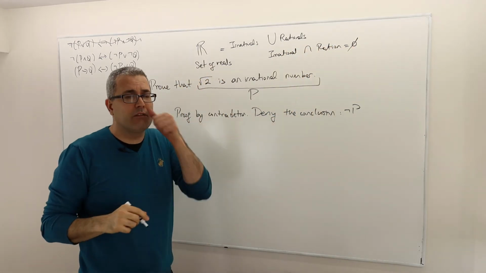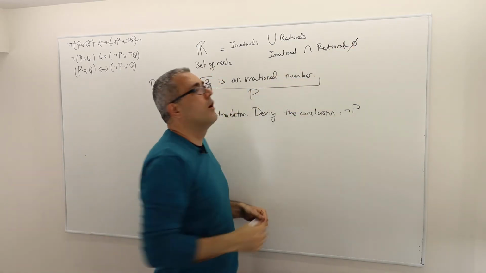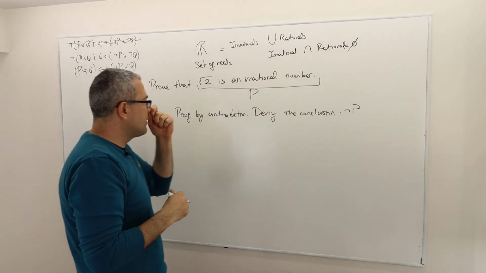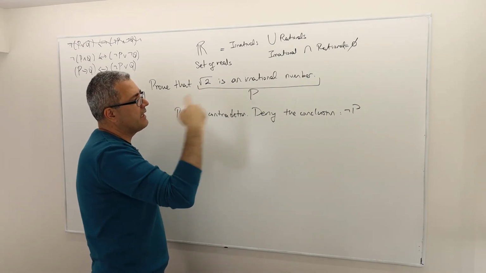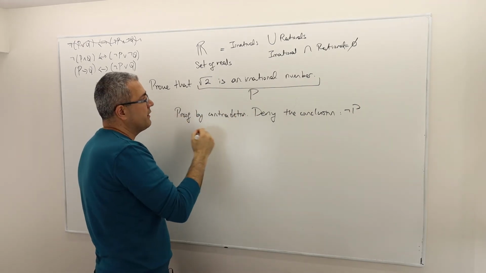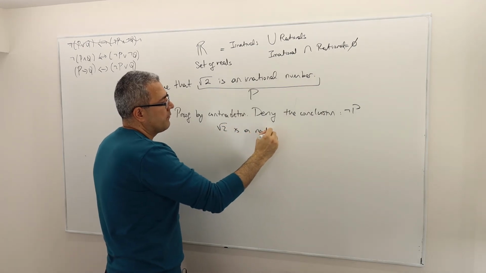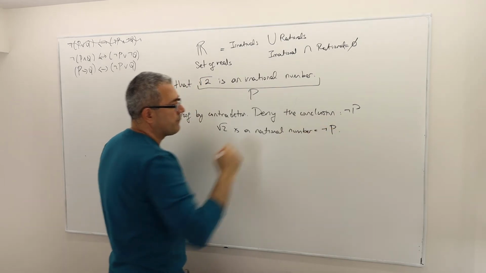A real number is either a rational number or an irrational number. It can't be both. So therefore, not P, meaning square root 2 is an irrational number. The negation of this is square root of 2 is a rational number. So this is basically my not P.